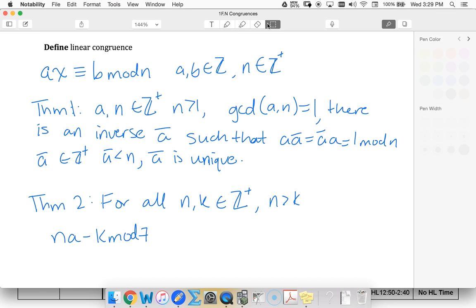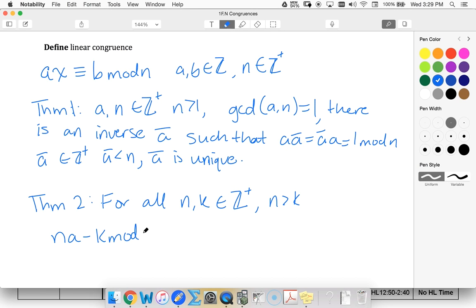Oops, not mod 7, sorry. And of course this is true because this is a multiple of n, so this mod n is just going to be 0, so that's going to cancel out. So this one is fairly trivial.